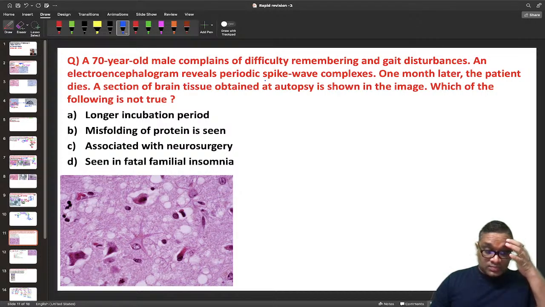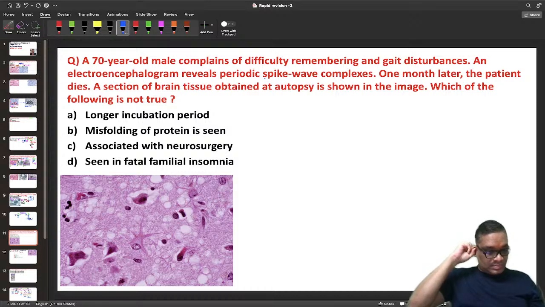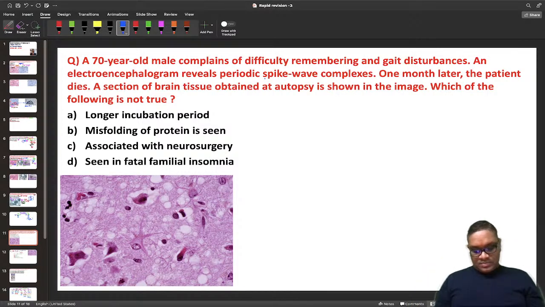Right, I have got the first correct answer by Prashant, and the answer is D.